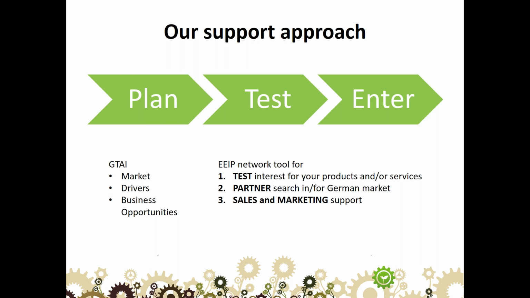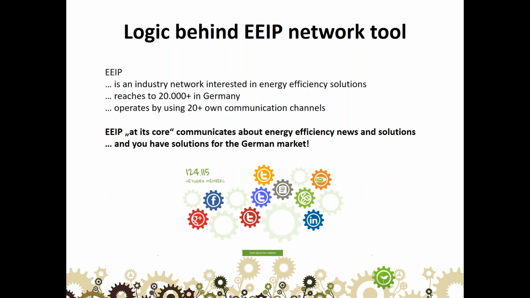Building on the reach and the multi-channel approach, we have developed a tool for multiple purposes. So this tool can be used, for example, for testing, to market products and services, to identify potential customers, but it can also be used to identify potential partners. And what do I mean when I say it's a tool built on the network?